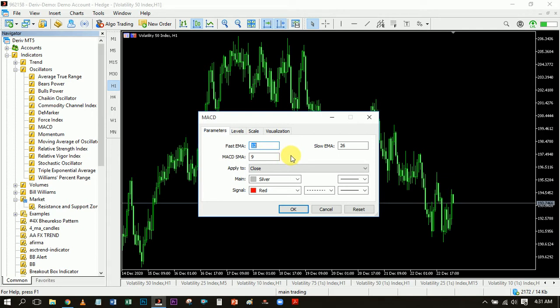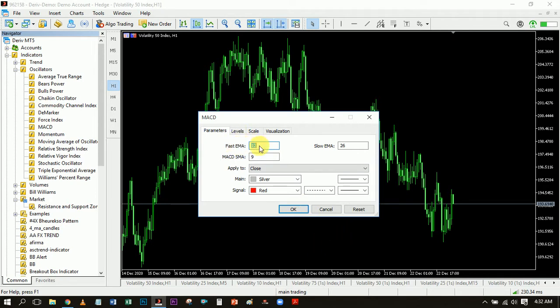But basically, these two EMAs are what the indicator uses to calculate the difference in the market. Whenever there's a cross with these moving averages, it does the calculation in the background and plots it on the chart for you.